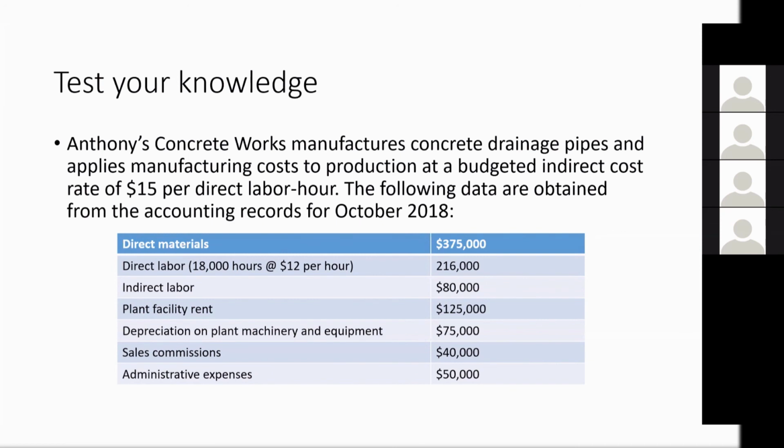So can you clarify one more time what was the answer? Conversion costs would be direct labor, indirect labor, plant facility rent, and depreciation on plant machinery and equipment. Okay, all the manufacturing overhead costs that are not direct material. And then sales commissions and administrative expenses are what? Period costs.